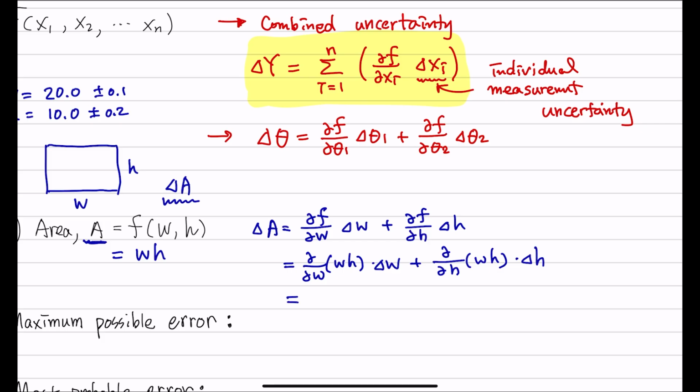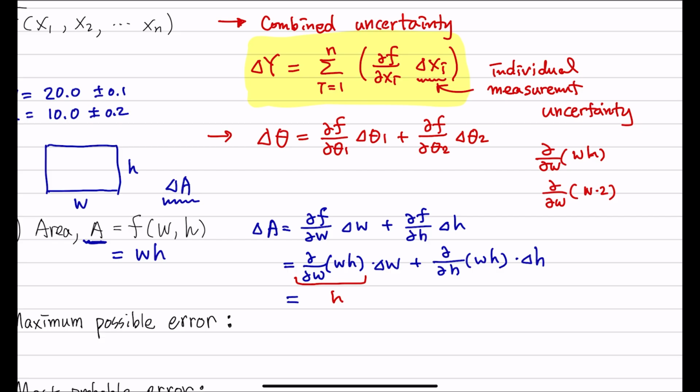And this guy is what? Let's try one by one. What would be this? What was that? H. Yes, this is going to be H. It's same as del WH over del W, which is something like del W times 2.